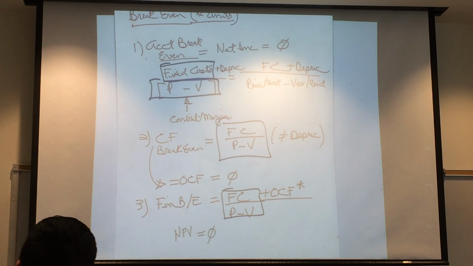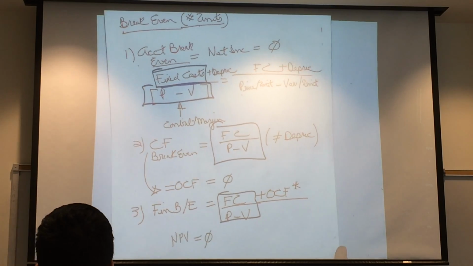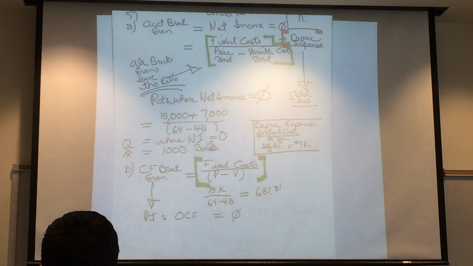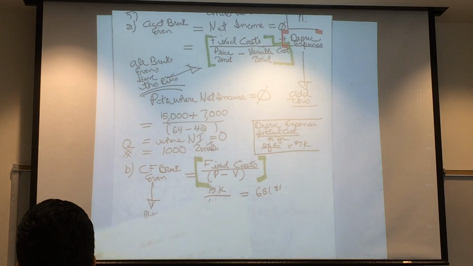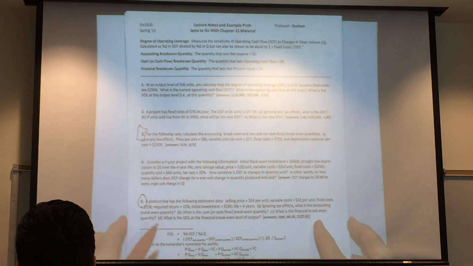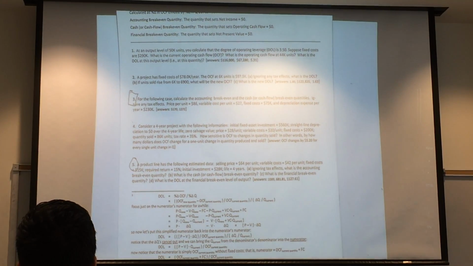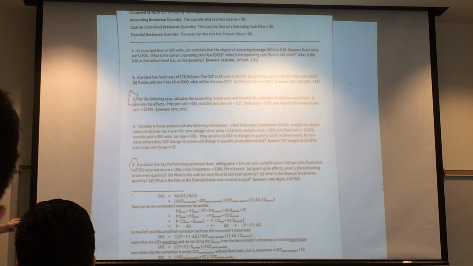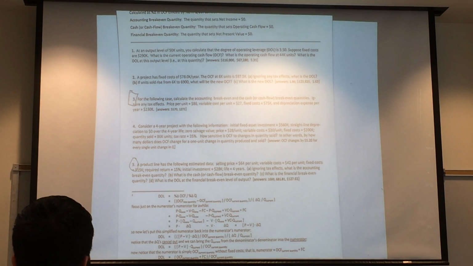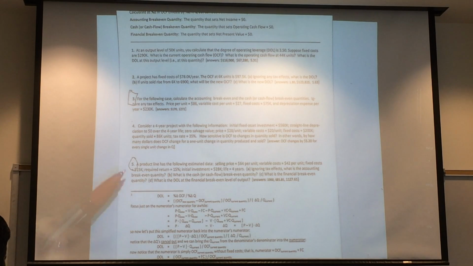In order to calculate that, I'm going to go back to the handout. Remember how we went over number 5, and I did everything except financial break-even, C and D? I'm going to do that.